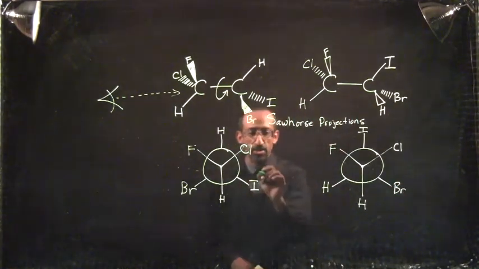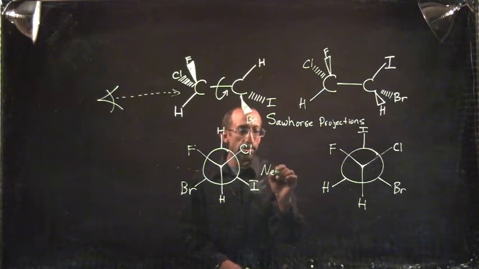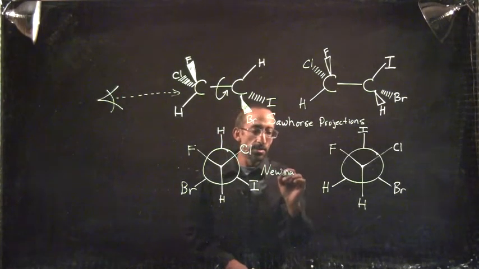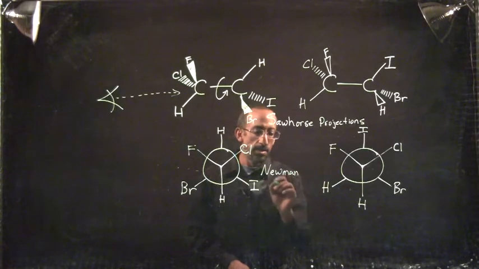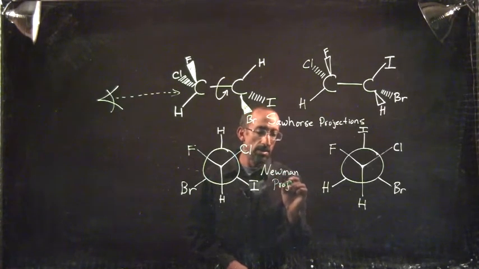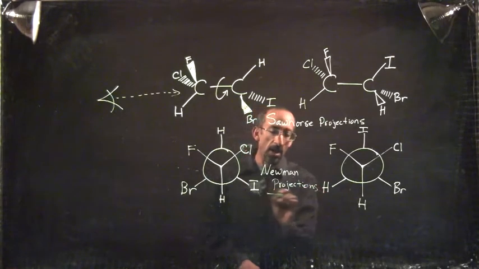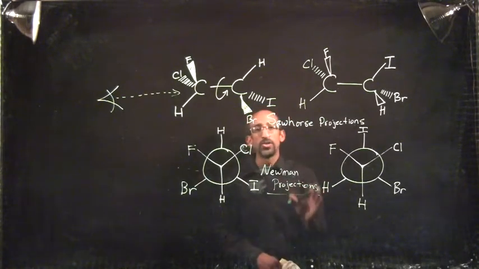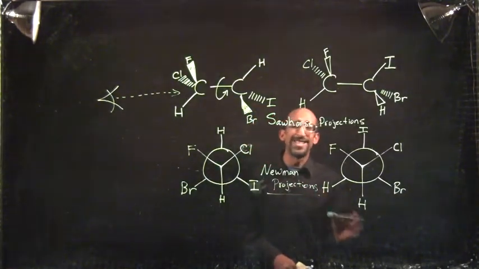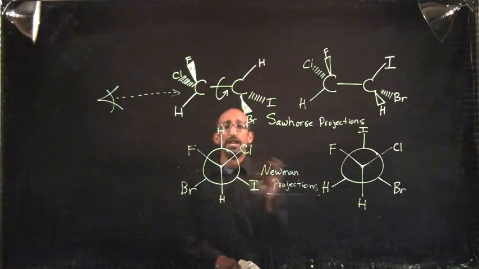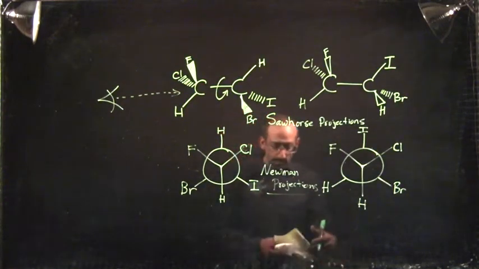Newman projections, what we have here, are going to be the most common way that we represent different conformers of the same molecule.